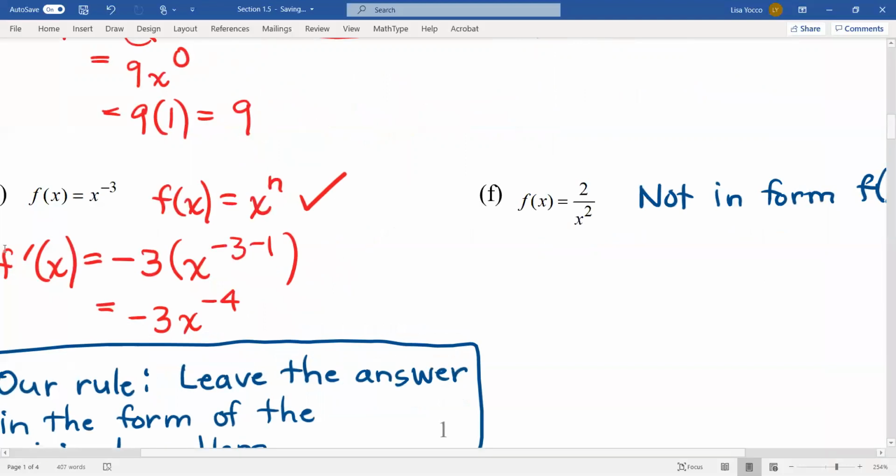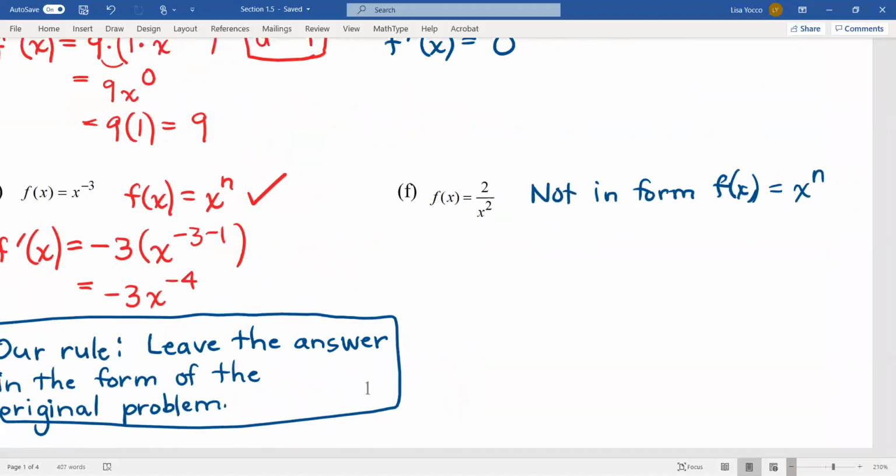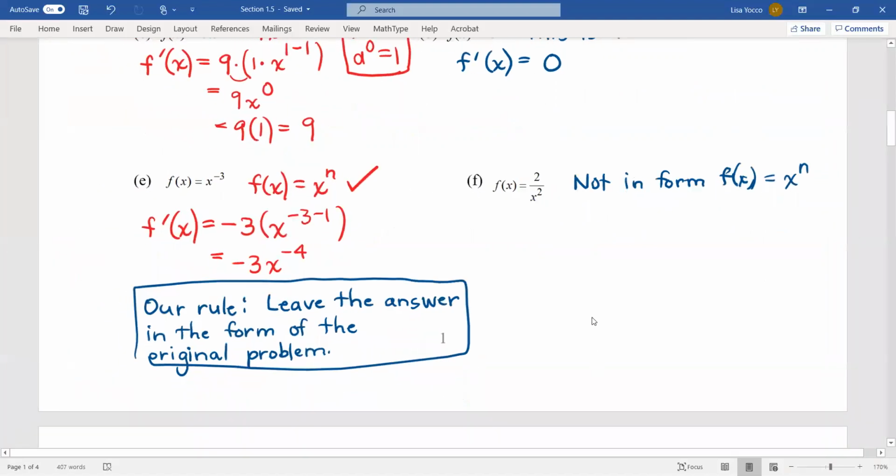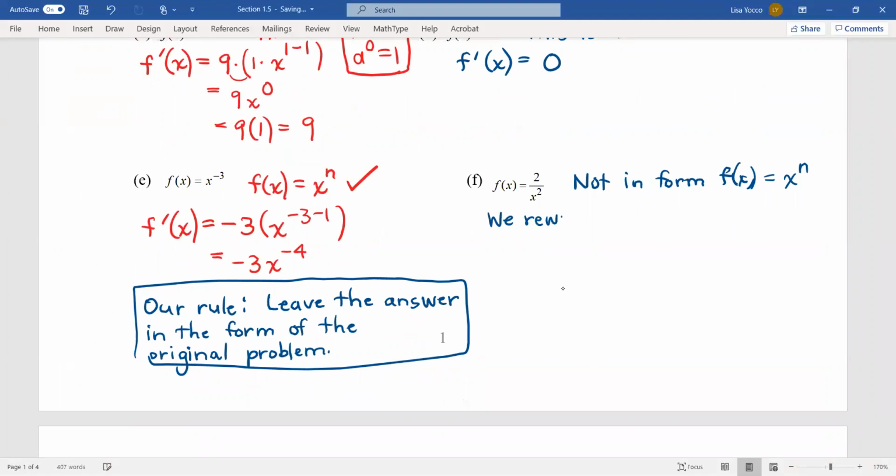We have to rewrite the problem before we ever use any derivative rules, using again this definition from exponents, that 1 divided by x to the n means x to the negative n.